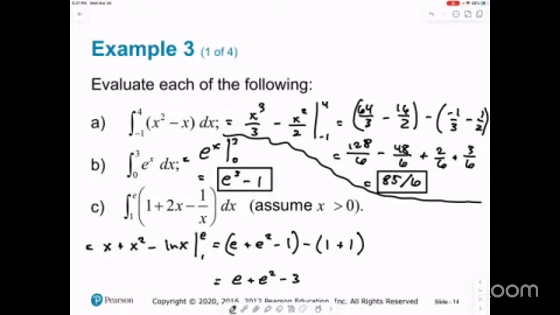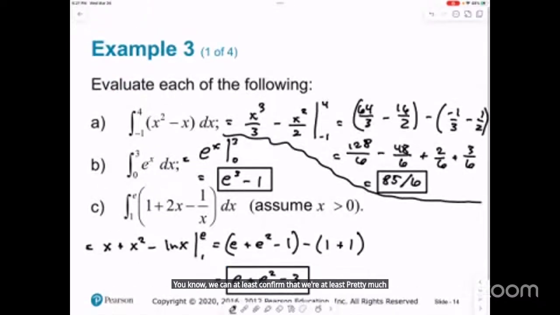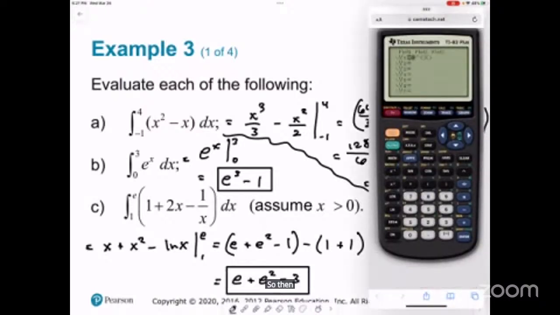Okay. And again, something like this, we can check in a calculator. You know, we can at least confirm that we're pretty much there. Let's just check like we did the previous. So then the original, we had this 1 plus 2x minus 1 over x. Okay. That looks good. I'm just going to recall what we did before.